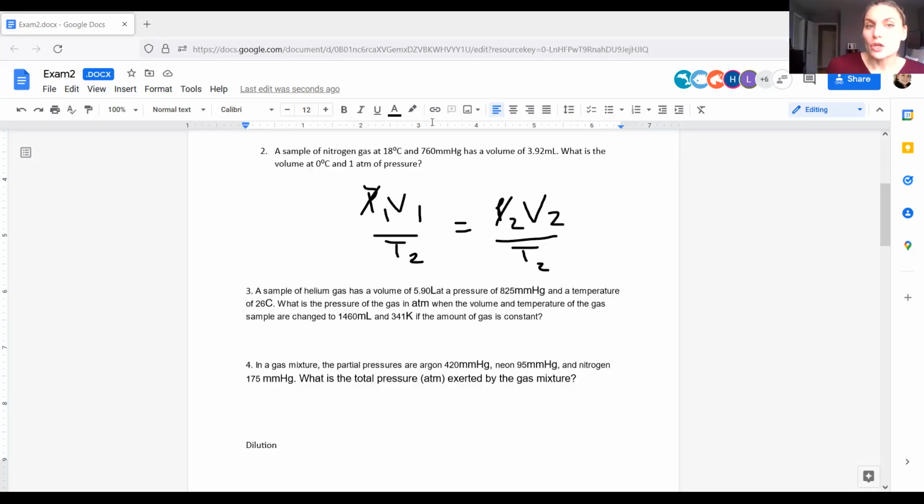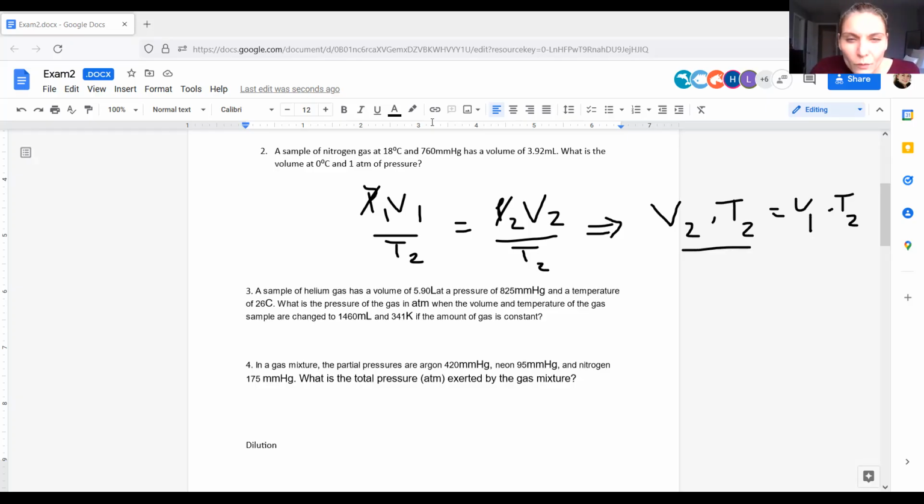So now it's saying, what is the volume at 0 degrees Celsius? We're looking for V2. So when we go to plug our numbers in, V2 times T1 equals V1 times T2. Oops, I think I messed this up. What did I do wrong? T1, there we go. That's why that didn't look right.